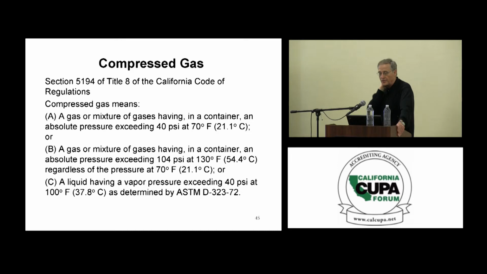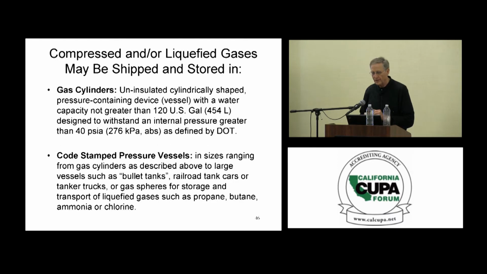In California, Section 5194 of Title 8, a compressed gas is a gas or mixture of gases having in a container an absolute pressure exceeding 40 psi at 70 degrees F, or an absolute pressure exceeding 104 psi at 130 degrees F, or it can be a liquid having a vapor pressure exceeding 40 psi at 100 degrees F. So there are different definitions, and you will typically be told by the supplier if it's a compressed gas, but this is the exact definition.